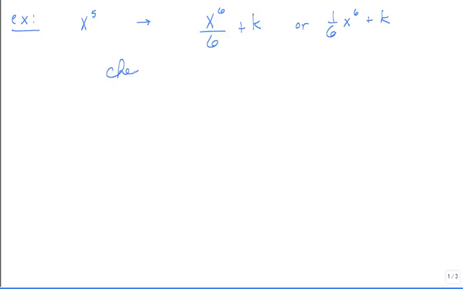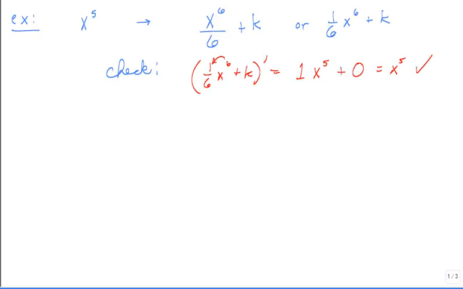And to check it, just take the derivative: bring the 6 down, 6 times 1/6 is 1, subtract 1, the derivative of the constant is 0, so I get x to the 5th. It checks. So whatever I'm taking the derivative of is called the antiderivative.